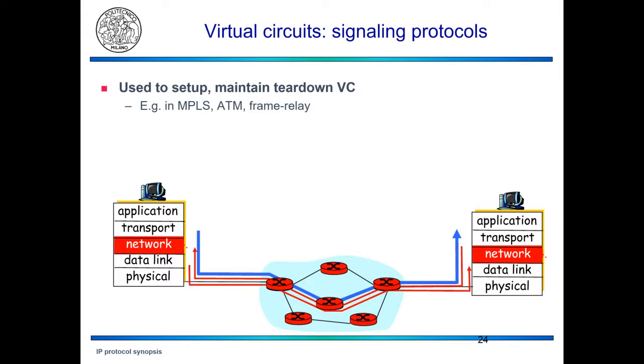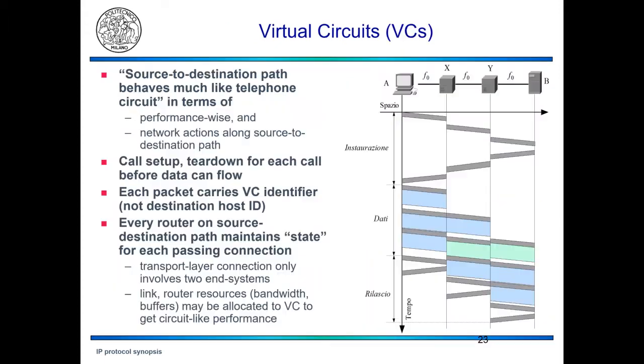And we have seen the phases needed to set up a virtual circuit, that is the opening phase, and then transferring of data, and the release of the circuit. We are always talking about packet switching, so even if there is this setup, still packets are treated as individual entities by all the intermediate nodes.